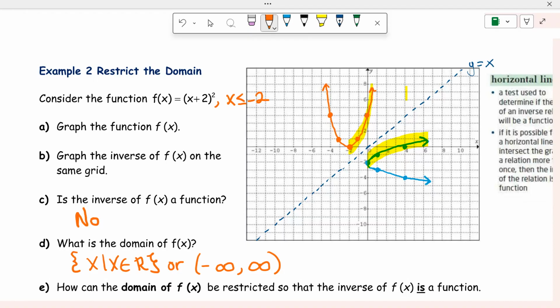Where x is only values less than or equal to -2 instead of the domain that it is, then you guys would be looking at this. Is that what you guys would be graphing now? Is that now a function? Yep. You guys see where I'm going with this? Are there infinitely many answers you can get?